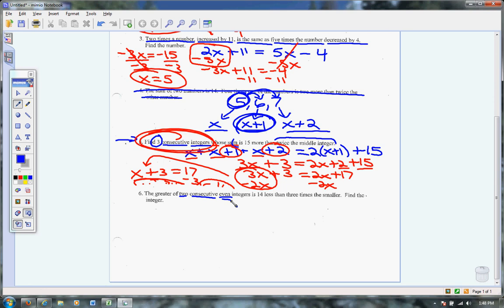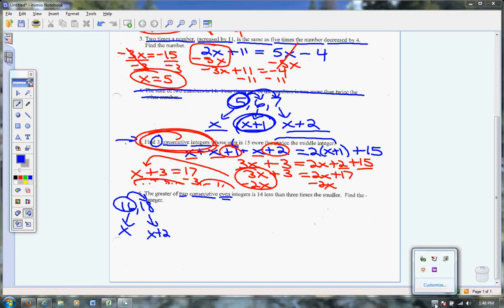If I had 16 and 18, if I call this one x, what do I do to 16 to make it be 18? I would add 2. So that would be x plus 2. Okay? So in this case, my 2 expressions are x and x plus 2 instead of x and x plus 1 because I'm talking about 2 consecutive even integers.